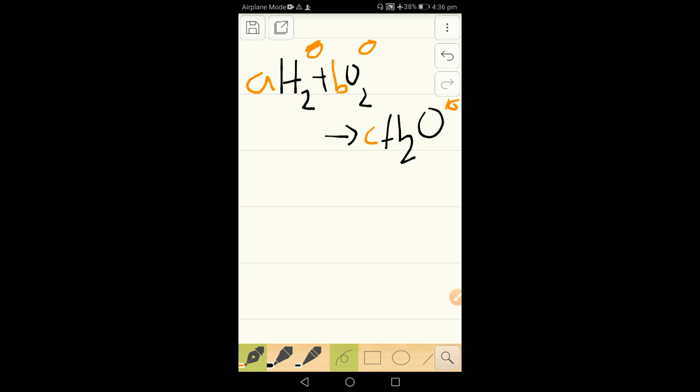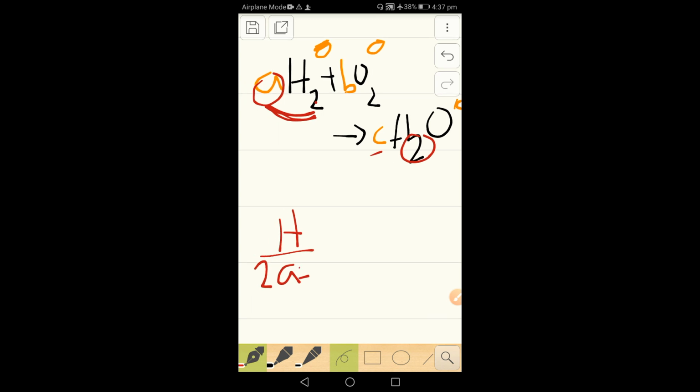Now if you talk about hydrogen, in the reactant side we have the number of hydrogen as 2 into A, which is 2A, and in the product side we have 2 into C, which is 2C.